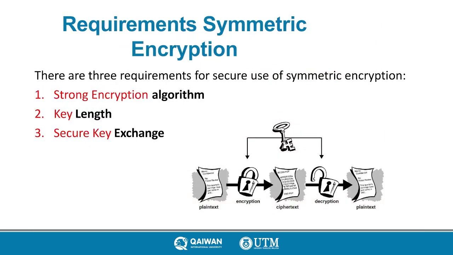Now, the requirements for symmetric encryption are a strong encryption algorithm, and also the key length, if you want to make sure you are secure, and secure key exchange. You should not send a key in the same email as the ciphertext, because then the hacker, or the interceptor, will get the key and the message both in the same place.